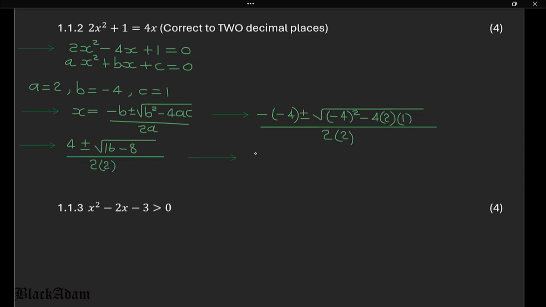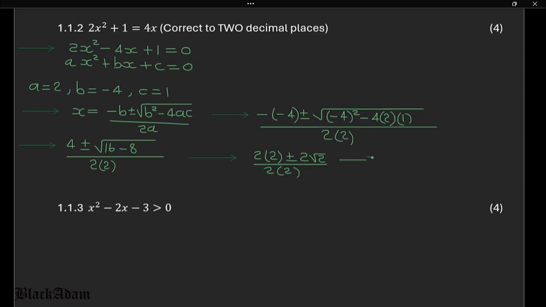So you're going to have 2 bracket 2, that's 4 there. Then we have root 8, so that would give us root 4 multiplied by root 2. So root 4 is going to be 2, so that's going to be 2 root 2 all over 2 bracket 2.